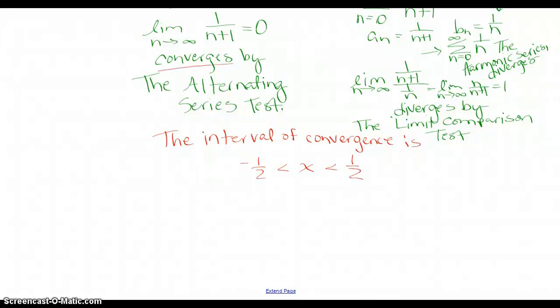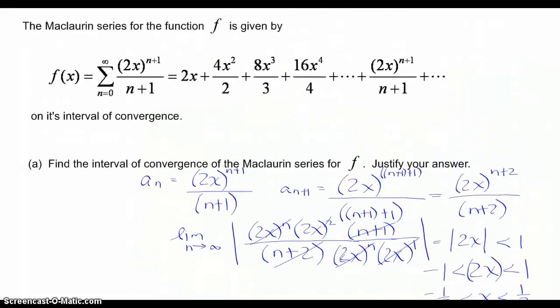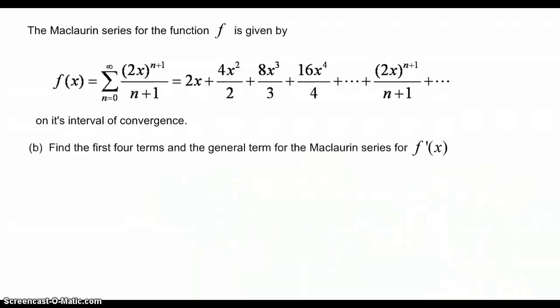We found out that the left endpoint is included while the right endpoint is not. So there's our interval of convergence. So that would be part A of a free response question. That's exactly what our work would look like, so you see why we did that practice before.